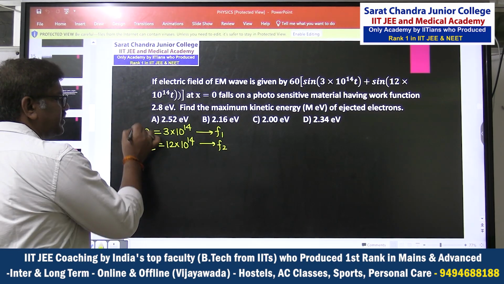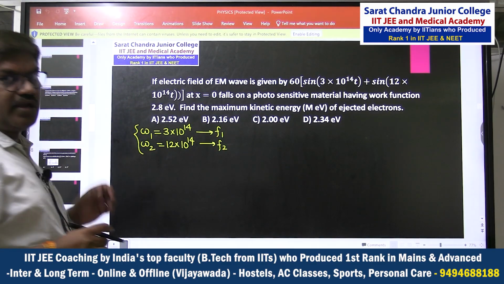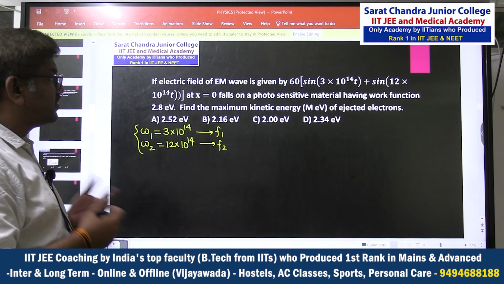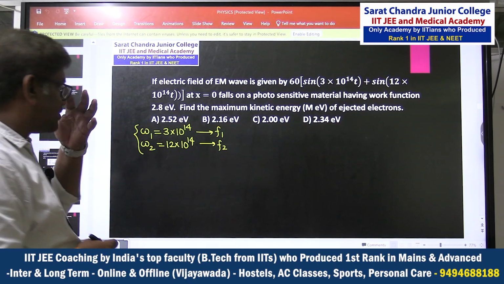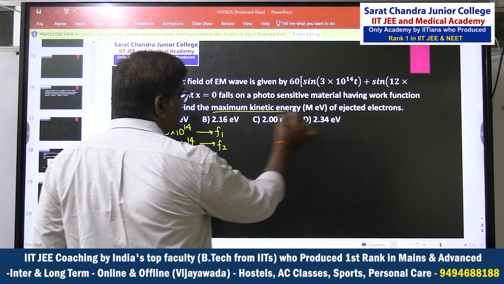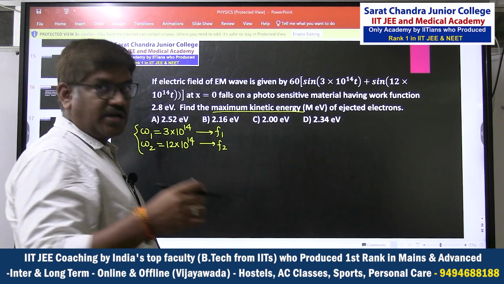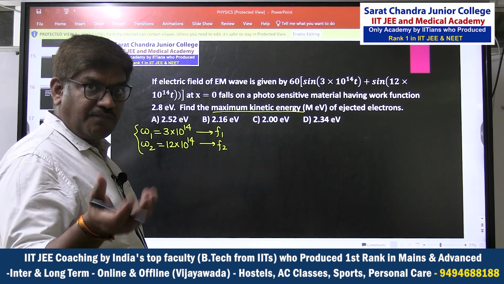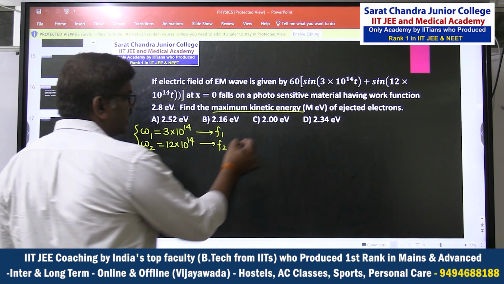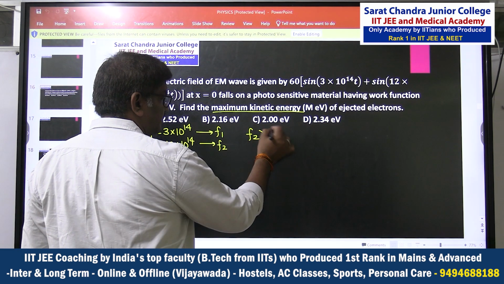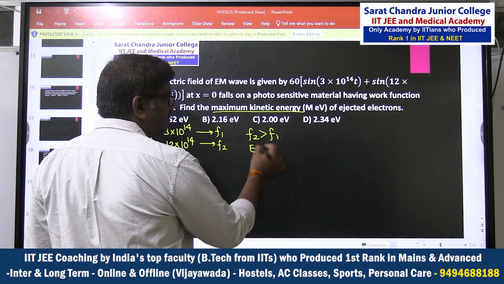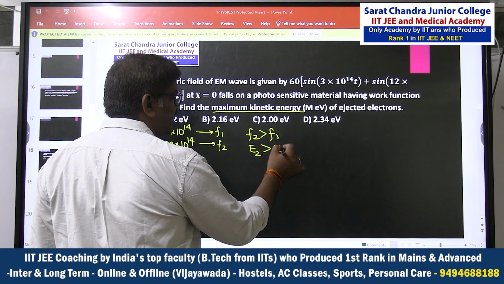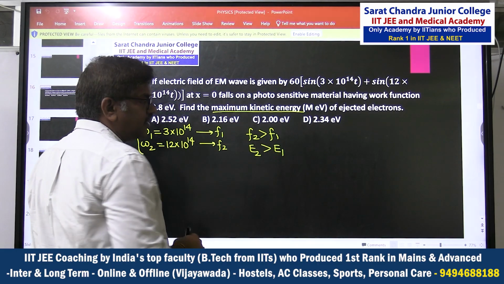So clearly you can see that in this photoelectric effect there are photons incident which are having two energies. Since I am interested in maximum kinetic energy, I will be interested in the energy of the photon of maximum energy. As you know, if F2 is greater than F1, then the energy corresponding to F2 of the photon is more than E1.